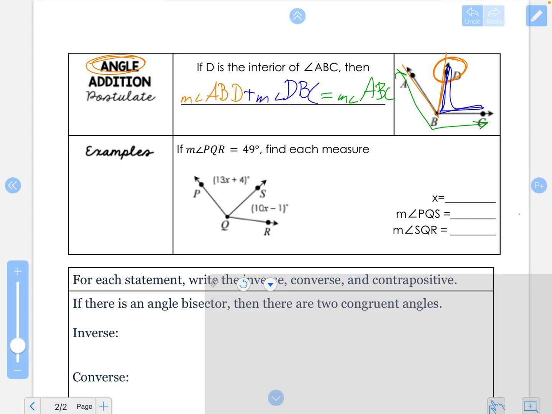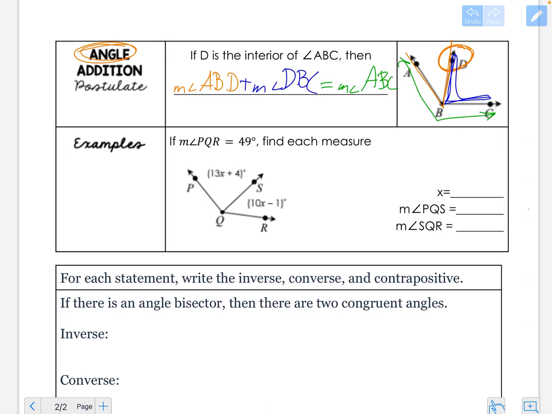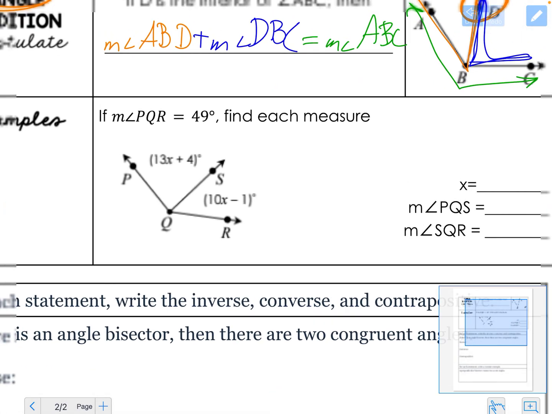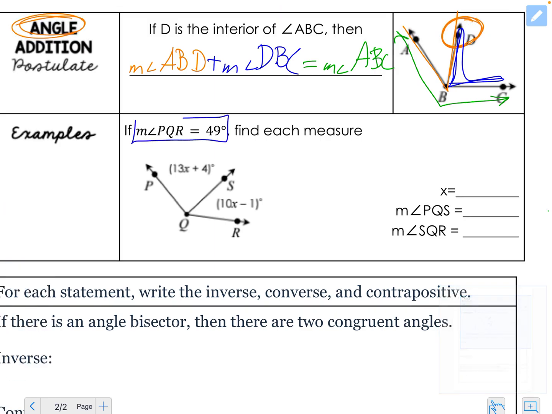Now let's look at this first example. We need to use our angle addition postulate. The information tells me that angle PQR equals 49 degrees. So the whole thing is going to equal 49 degrees, and now I need to look at the parts.